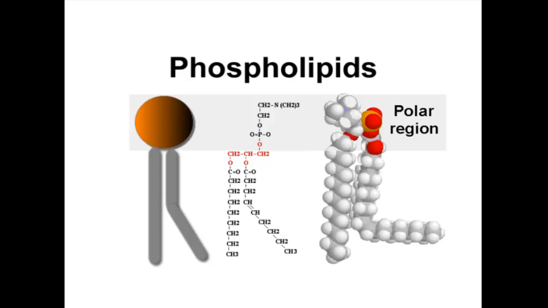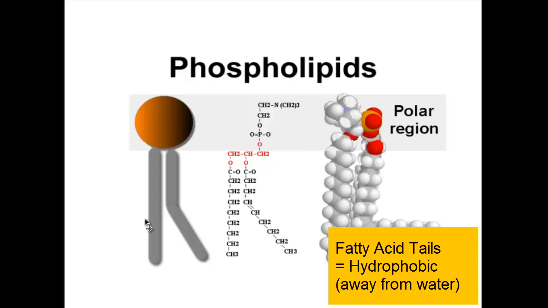Okay, let's start off by having a look at an example of a lipid, and these are phospholipids. These are what forms that phospholipid bilayer that makes up cell membranes. These being a large component, of course, they're not the only thing there. They have, like a lot of lipids, these fatty acid tails down here, and they're the bits that are hydrophobic, or they move away from water, and they have a polar head.